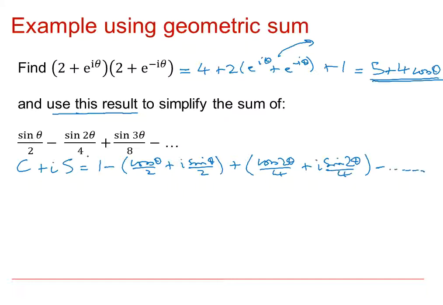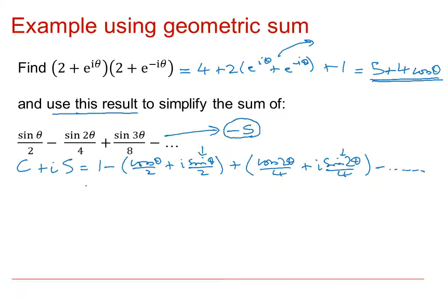And if we look carefully here, the imaginary parts of this form the negative of the summation that we're trying to find. So the summation that we're trying to find here is the negative of capital S. That's what we need to find, the negative of capital S.